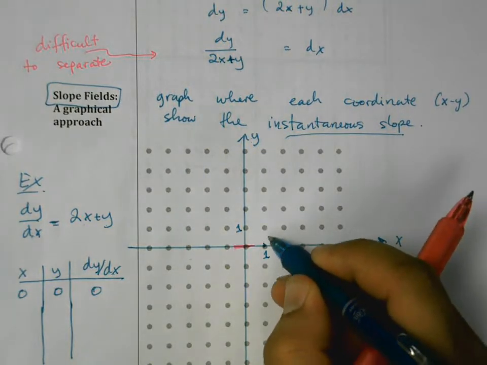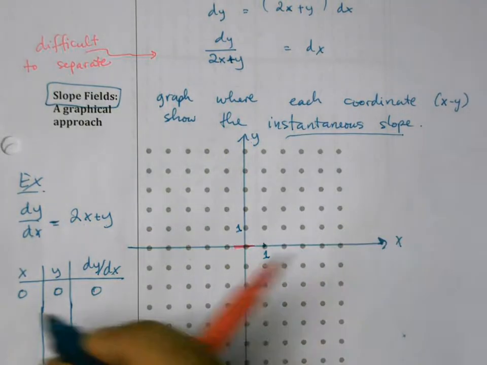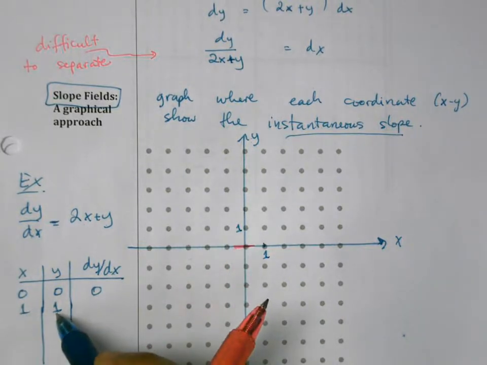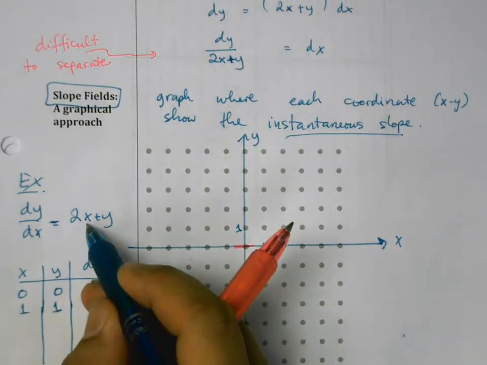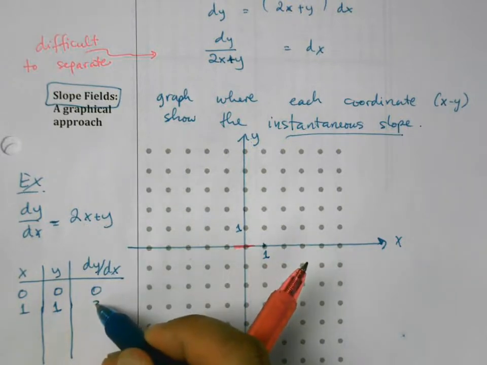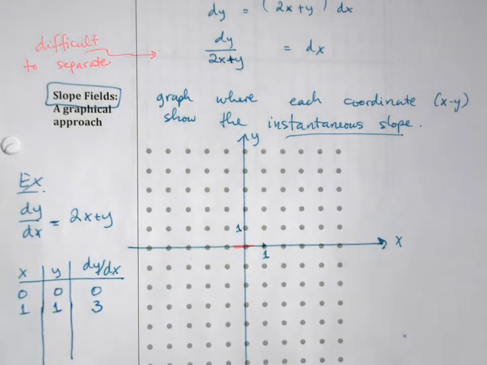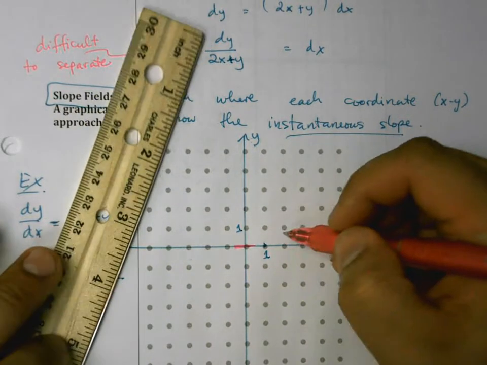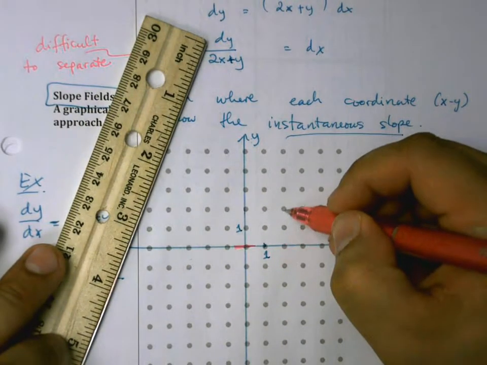Let's try 1, 1. When x is 1 and y is 1, the slope is going to be 2 times 1 plus 1, so that's 3. So at 1, 1, we make a slope of approximately 3.